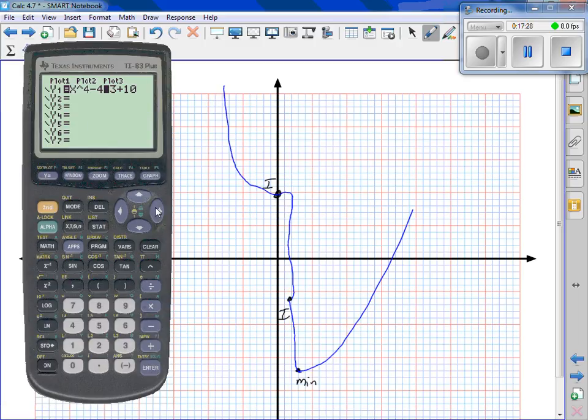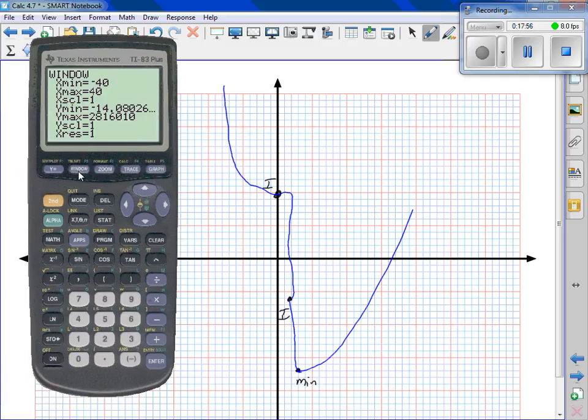Trying to get the graph so I can see it the best on the calculator.